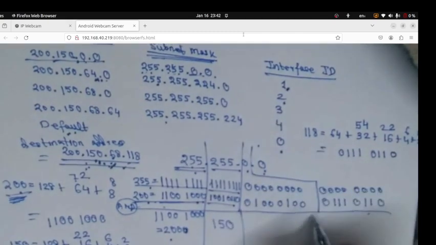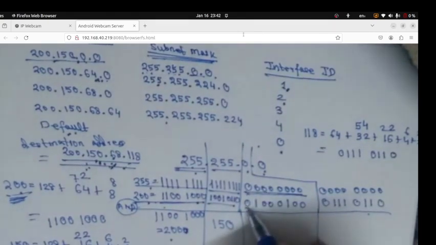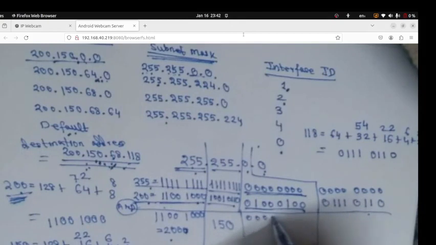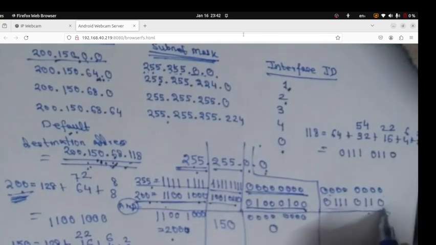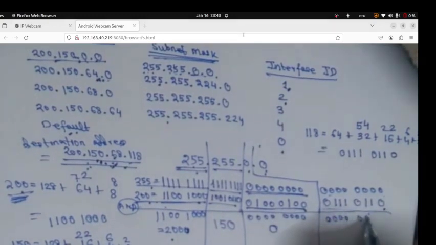Now for the third octet, all the mask bits are 0 and the destination third octet is 68. If we do the ANDing with 0, each bit will be 0, so the decimal equivalent is 0. Here also 0 is ANDed with the number, so we get 0.